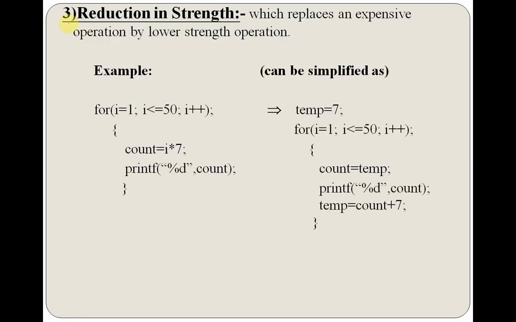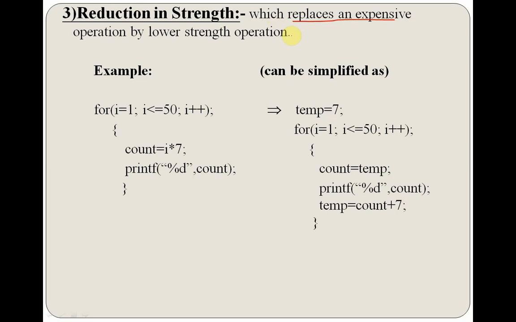Third one, reduction in strength, which replaces the expensive operators by lower strength operators. We know that some operators, suppose division and addition: division is somewhat more expensive than addition.